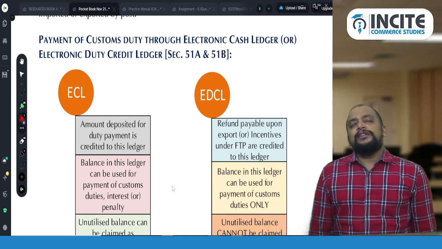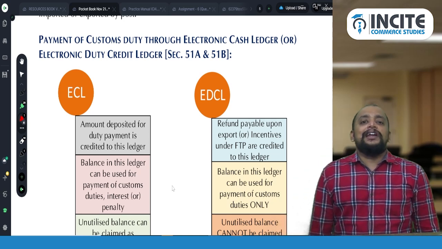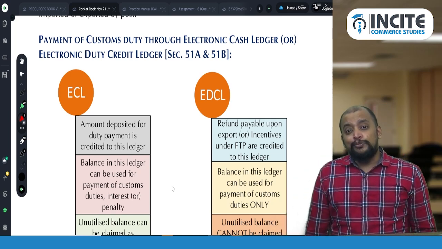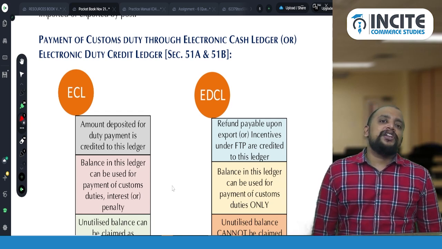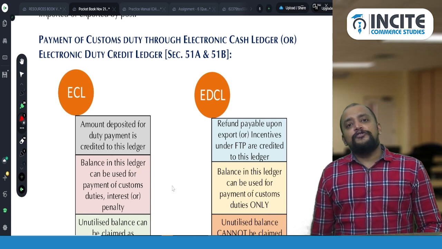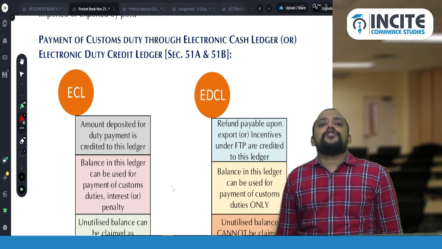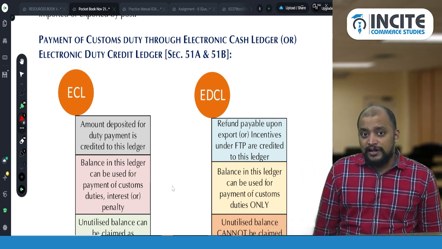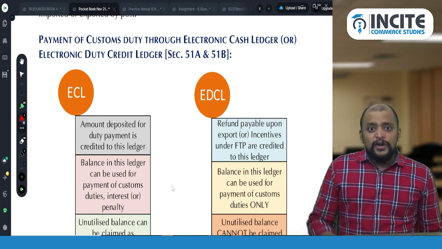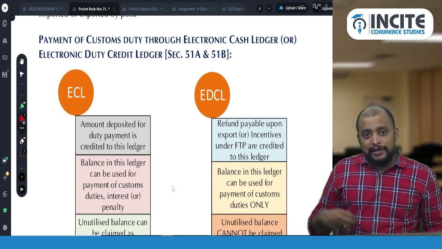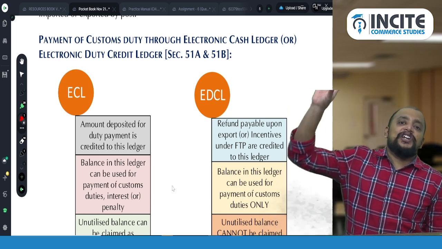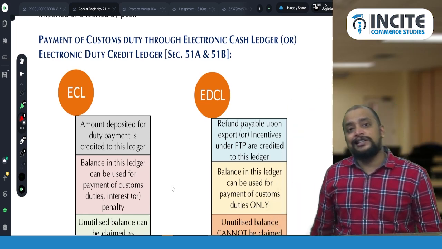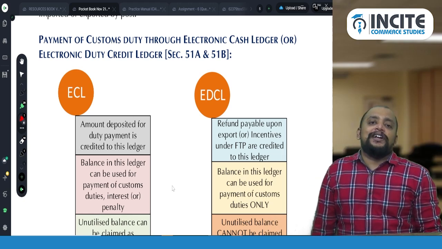Many importers were finding it difficult to make the payment of customs duty every time the import takes place. So for that reason, they brought in this concept of electronic cash ledger. Whenever you want to make payment of customs duty, ensure that you deposit sufficient balance in the electronic cash ledger at the time of filing the bill of entry itself.